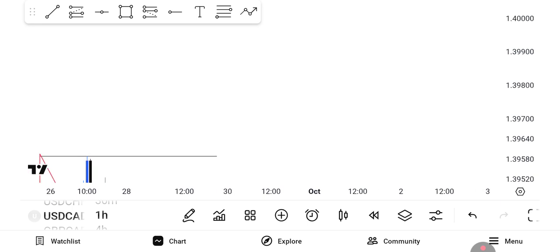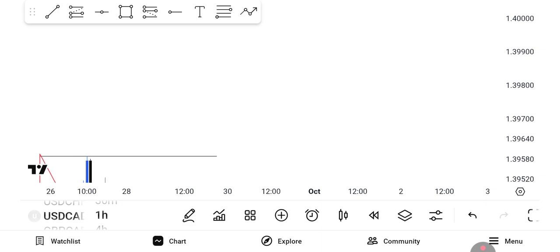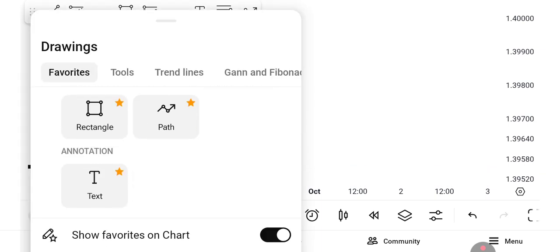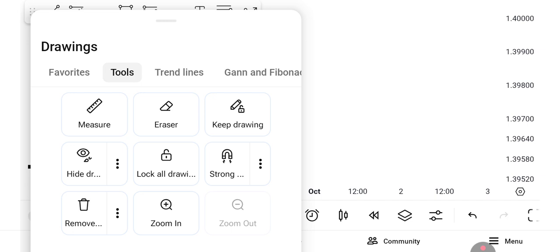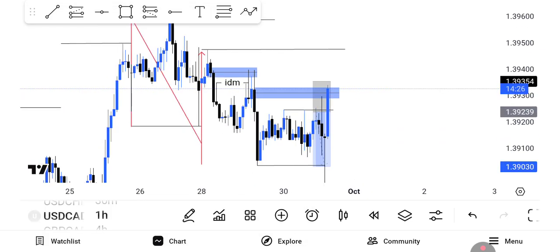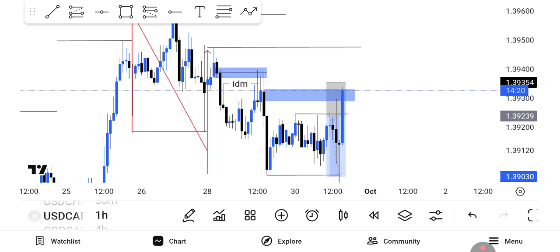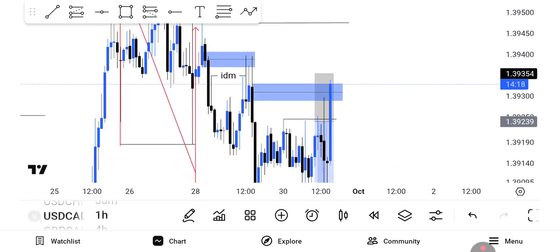I don't know why this stuff is not working. Maybe it's network. Network is dull here. But anyways, our structure on the higher time frame says that we are bearish. So we'll start looking for our liquidity.